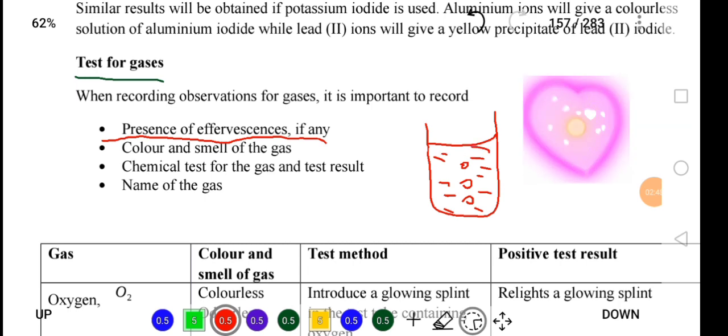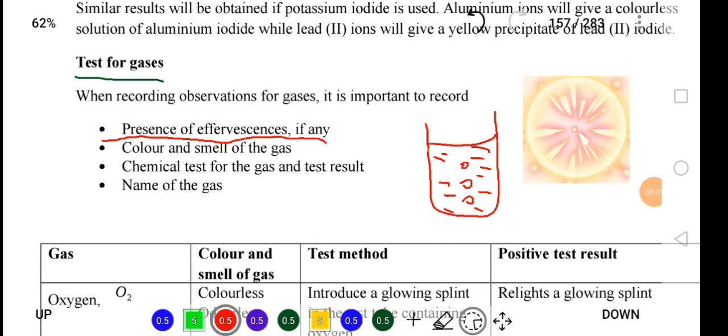Now, these bubbles are only possible if and only if the gas which is being produced is not soluble. If the gas is soluble, it is not possible that we can observe bubbles coming out from that test tube where that soluble gas is being produced. For that reason, we may not see effervescence or bubbles.